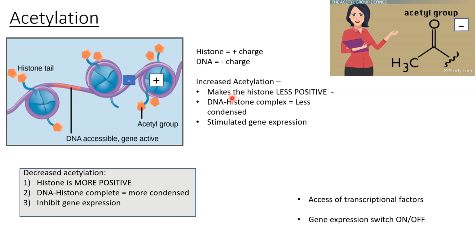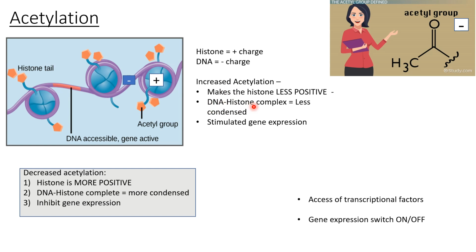This makes the histone less positive, which means that you have a complex that is less condensed because the histone is less positive. For the A-level exam, you don't need to mention the less positive, more positive. I put it here just to make sense slightly a bit more. So when you add lots of acetyl, the DNA-histone complex is less condensed.